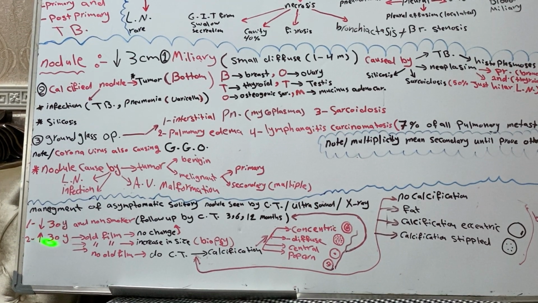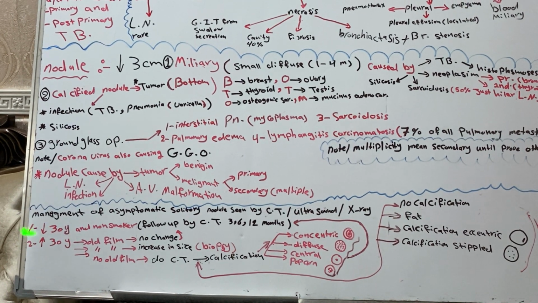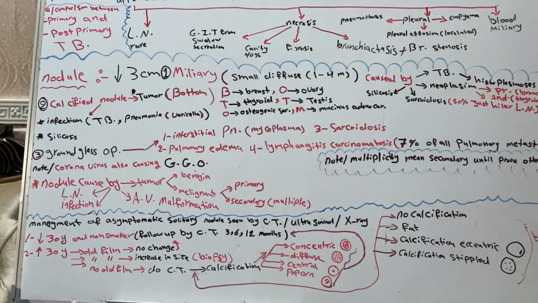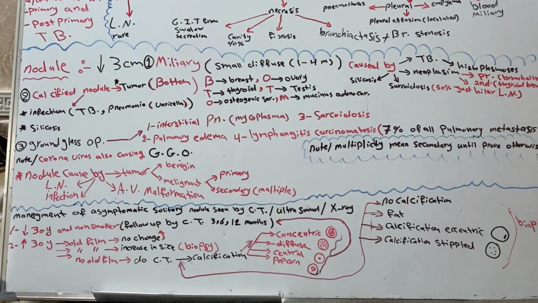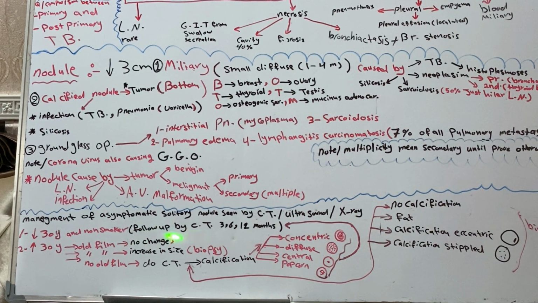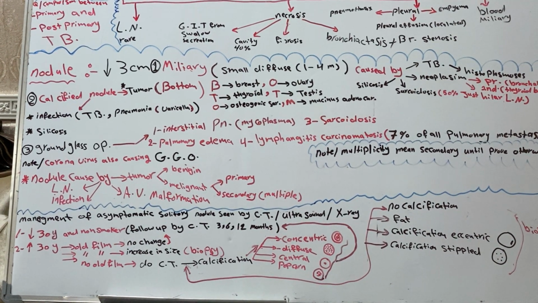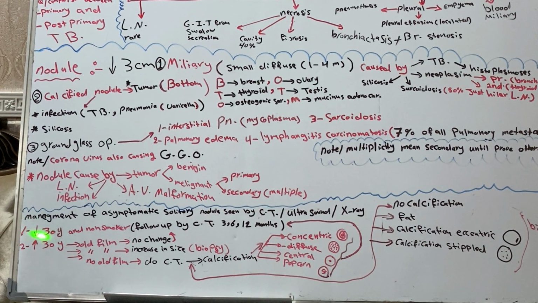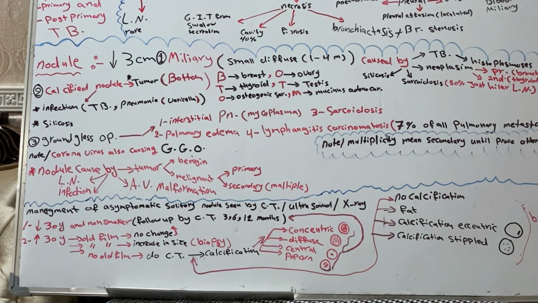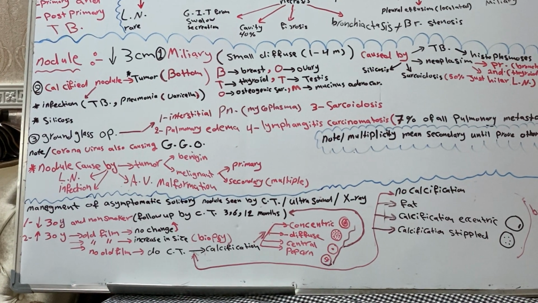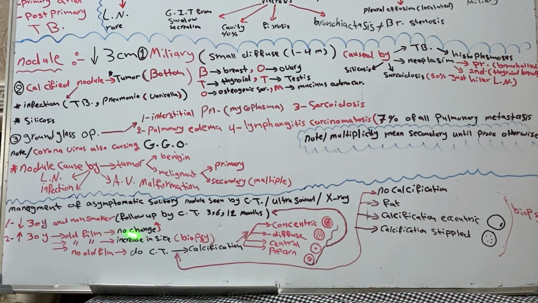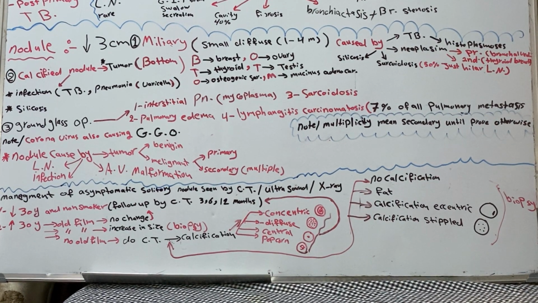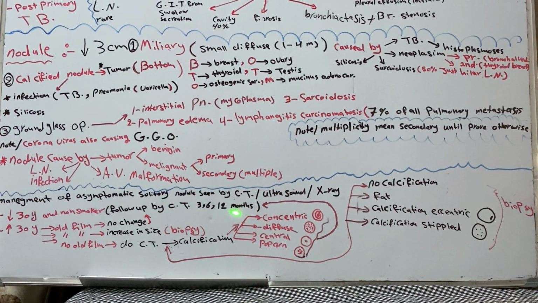Second, if he is above 30 years, ask the patient for the old film. If he has an old film and there is no change from the present film, do a follow-up.